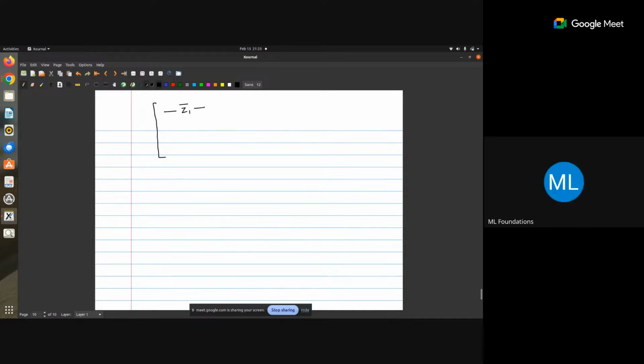So Z1 conjugate transpose, U conjugate transpose, and V conjugate transpose. And what was the product here? It was lambda 1 Z1, AU and AV. Is that fine? And this entire thing is U1 star A U1, the capital one.